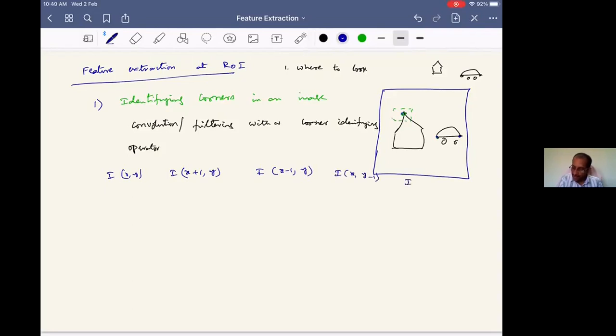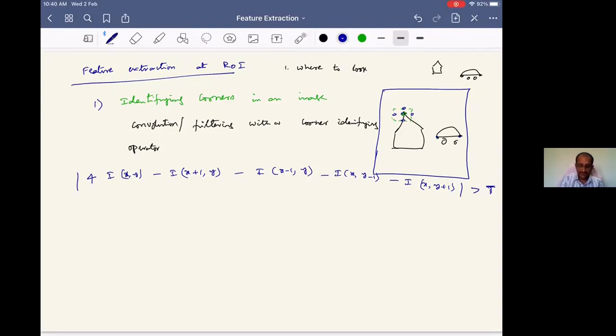If we just consider these 4 surrounding pixels, of course, you can also consider the other pixels as well. So in that case, 4 times I of x comma y minus the sum of these has to be greater than some threshold, assume that. Then it is a corner. That's how it should be, right? So it has to be a peak in the middle or a dip in the middle compared to the surrounding pixels. Hope you got an idea of what I am discussing.